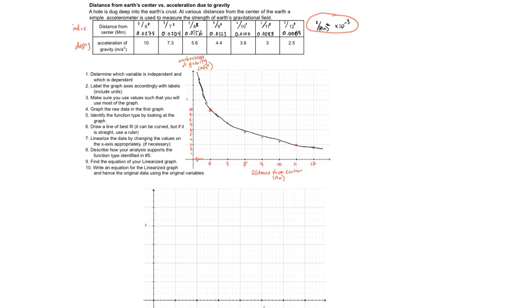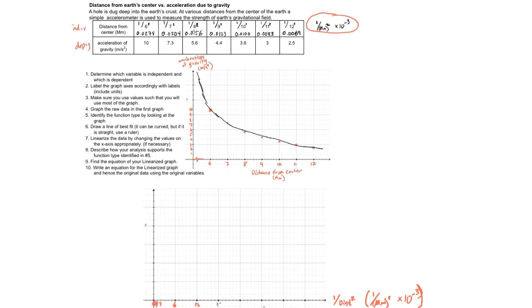So this is now 1 over distance squared, which is going to be in 1 over megameters squared times 10 to the negative third. And so I'm going to start over here with 0, 1, 2, 3, 4, 5, 6, up to 12.